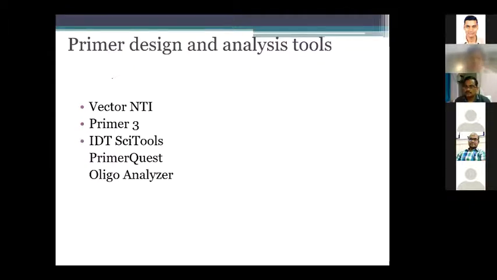Different tools and designing software are available for primer designing. Basically FastPCR, Primer3, IDT, SciTools, PrimerQuest, OligoAnalyzer.